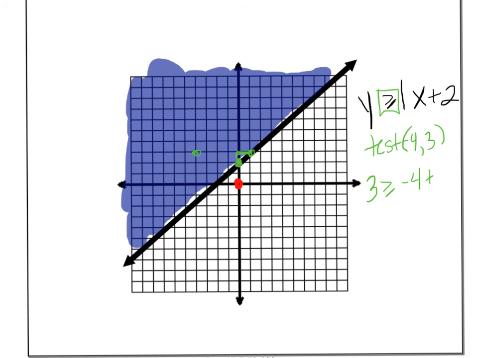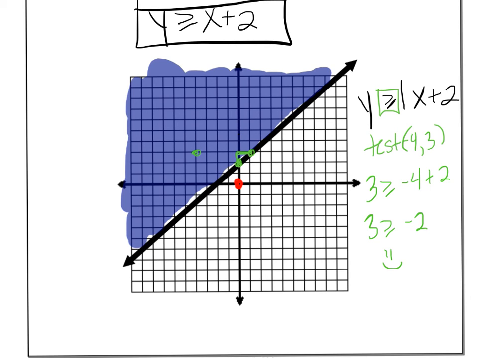X is a -4. And then clean it up. And ask yourself if this is a true statement. Is 3 greater than or equal to -2? And that is a true statement, so that tells you that you have your inequality symbol facing the right way. And so we could clean it up and say, here is my inequality that is represented by that graph.